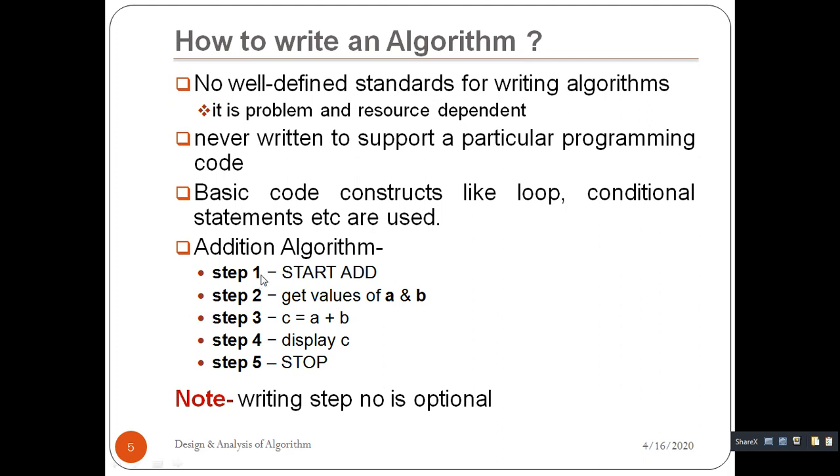So here I have given a very simple algorithm for addition of two integers. Step 1, I am starting this function or procedure add. Then step 2 is get the values of a and b. Then step 3 is the calculation. Step 2 is basically the input part of the algorithm, step 3 is the calculation part, and this is the printing output part.